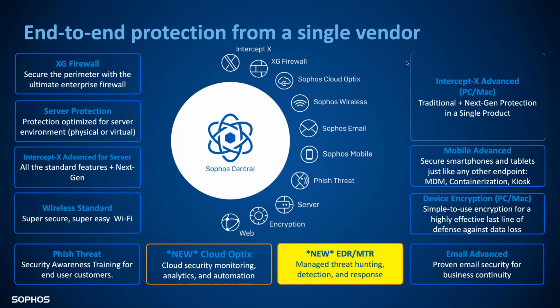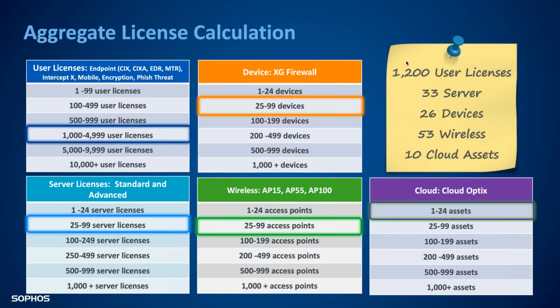On the next slide, this is how we break it up. If you had 400 users, and each of those users were using 3 different user licenses, for instance MTR, mobile security, and encryption, that's 3 user licensed products times the 400 users, which would equal 1,200 user licenses.